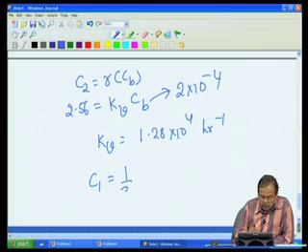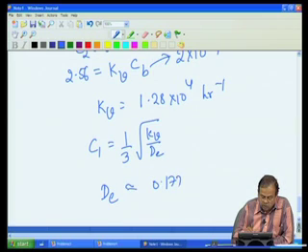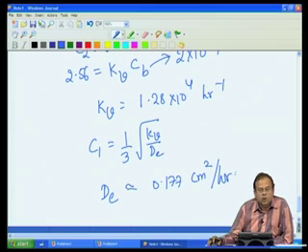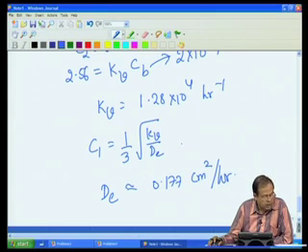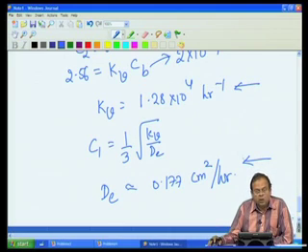My C1 is 1 by 3 square root of kV by dE. I know kV, I know C1, I can calculate dE, which comes out to be 0.177 centimeter square per hour. So, this is how we can get estimates of our true reaction rate constant and effective diffusivity given the experimental data of rate at different sizes of the catalyst pellet.